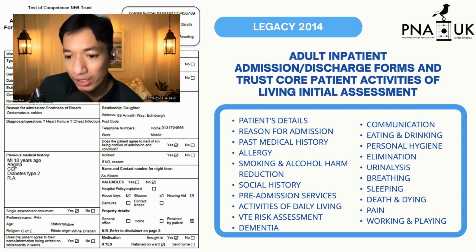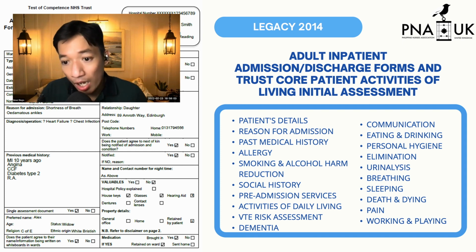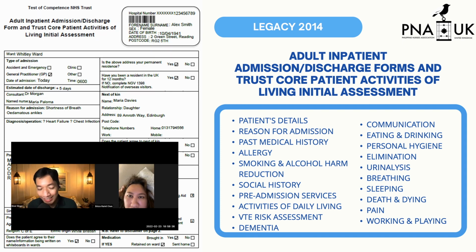And lastly, it's working and playing. It's about the patient's job and hobbies. Probably the question is, Emmer, do we need to write anything in this document? The answer is no. This document on the examination is laminated, so you cannot write anything on it. In the examination, this document has been completed by the previous shift or the previous nurse prior to handing over to your care, okay?